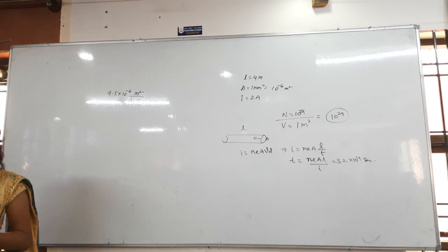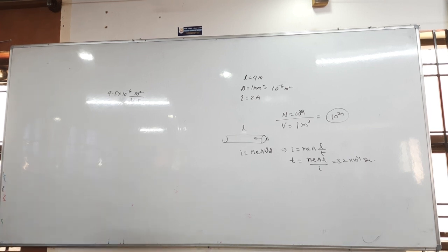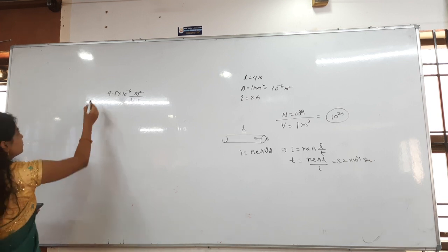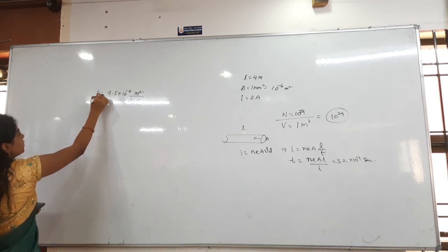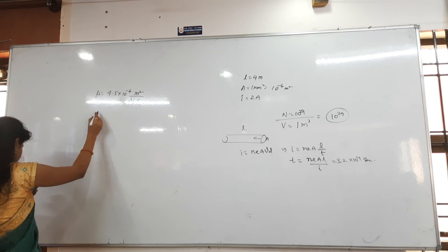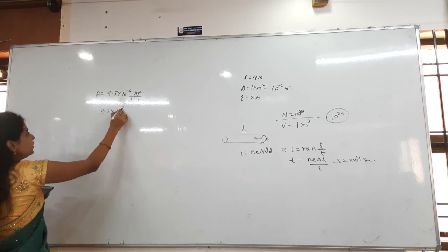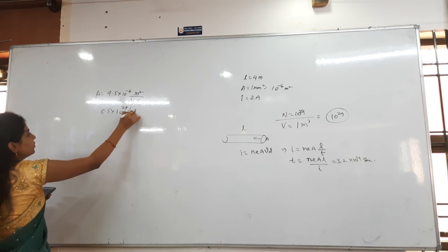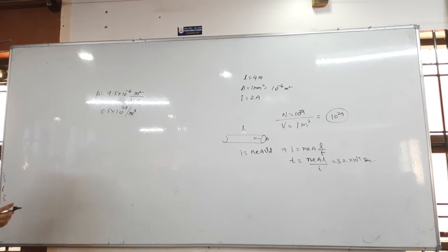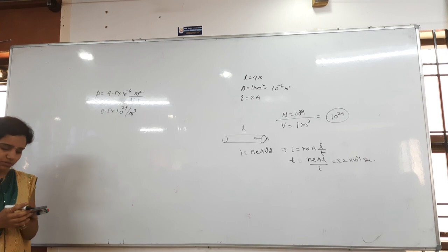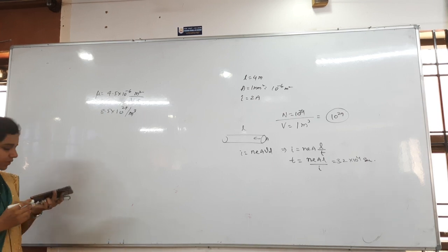Then the charge of electron, you already know that, no need to write. Density of electrons in copper is 8.5 into 10 power 28 per meter cube.